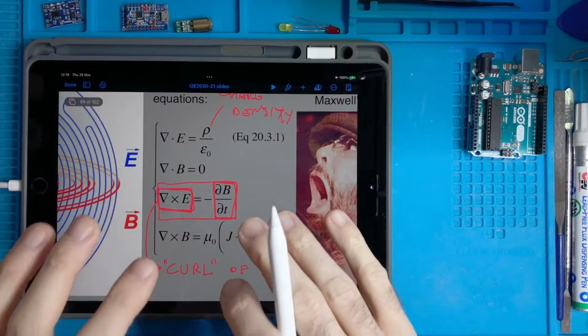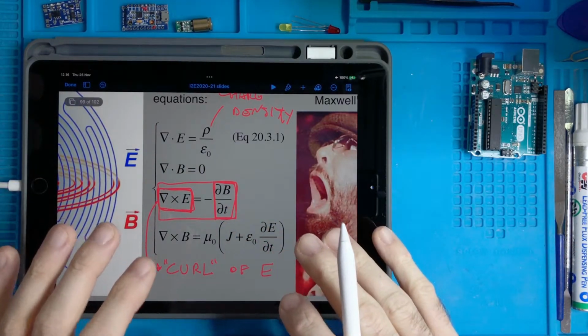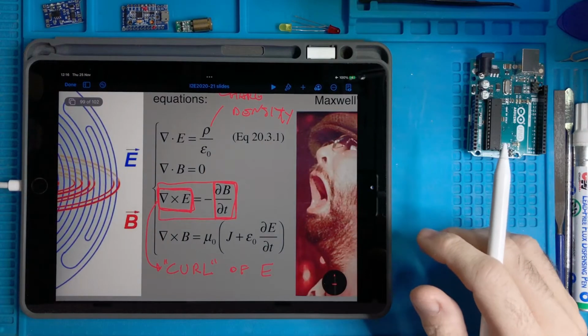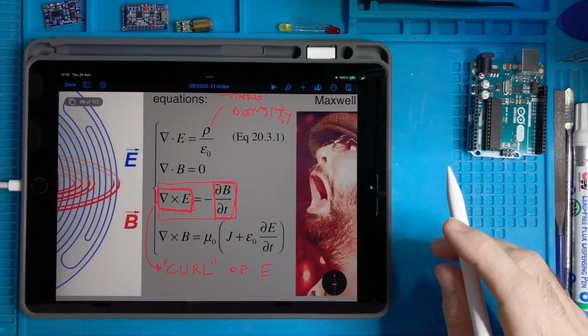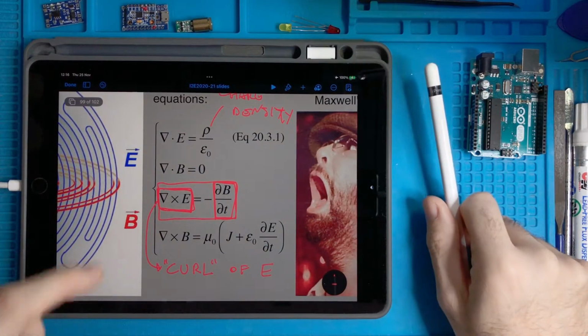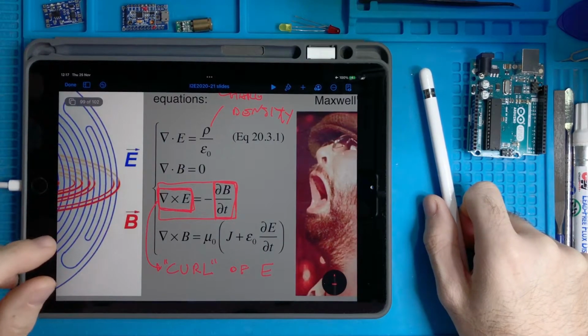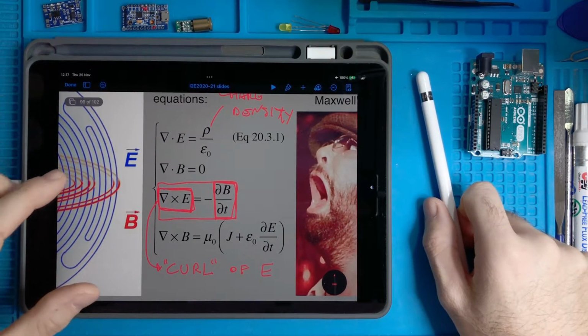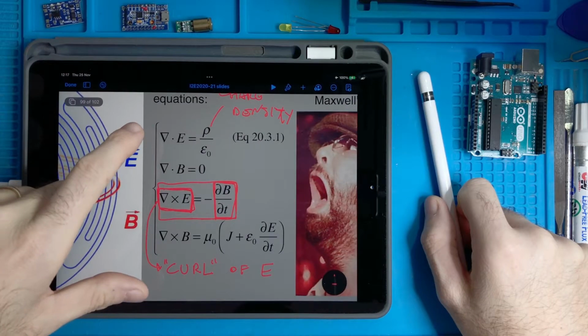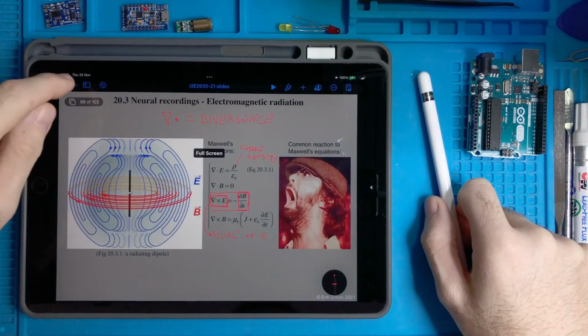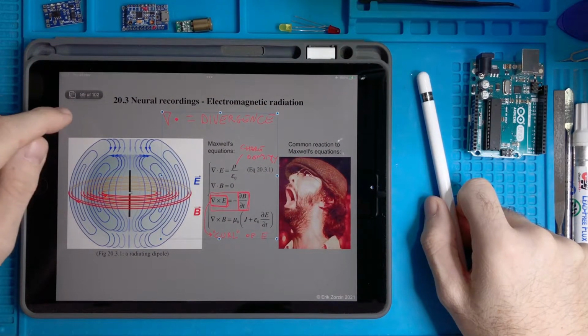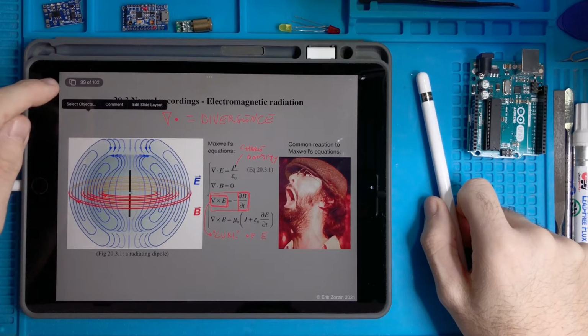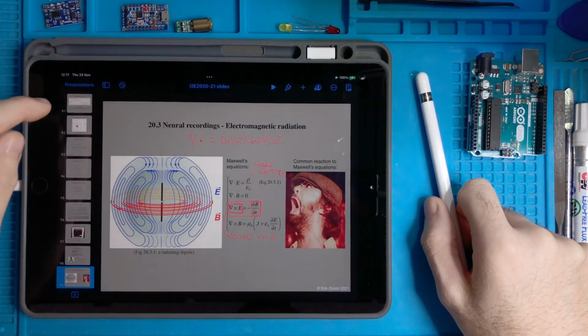Now in Maxwell's equations we are interested in the electric and the magnetic field. Okay, so to understand this we need to go to the blackboard.